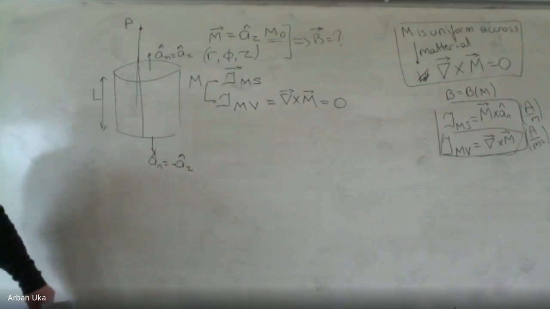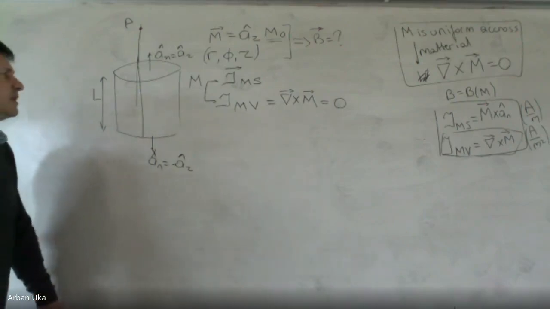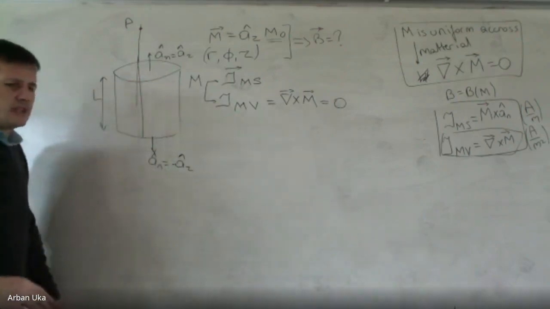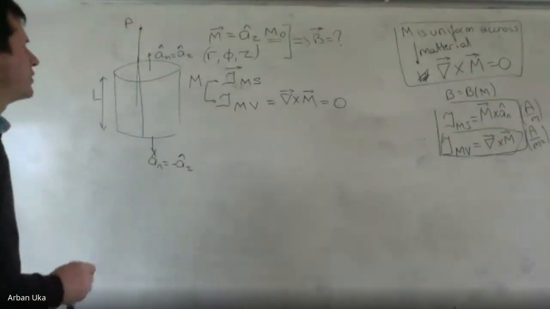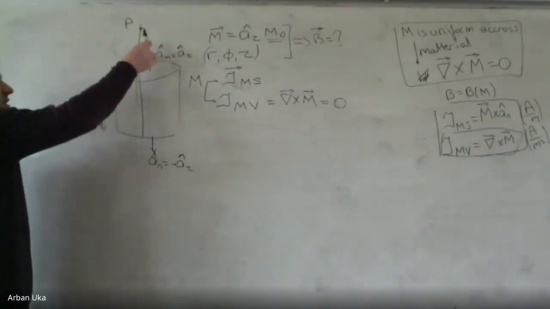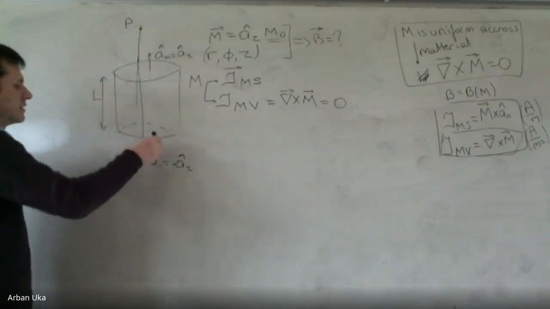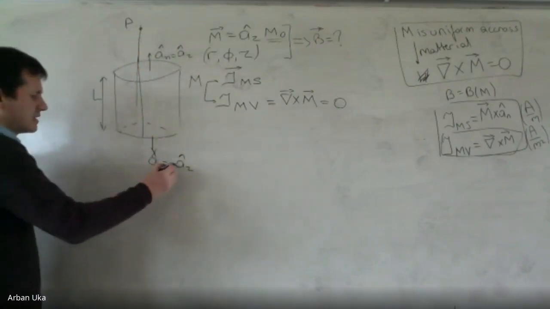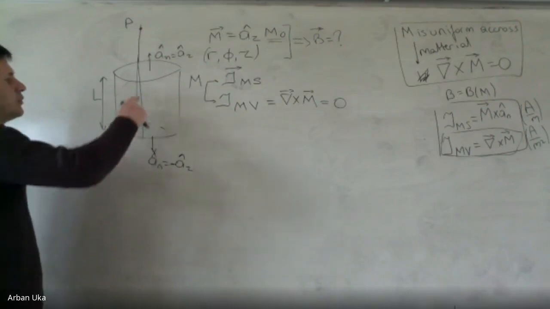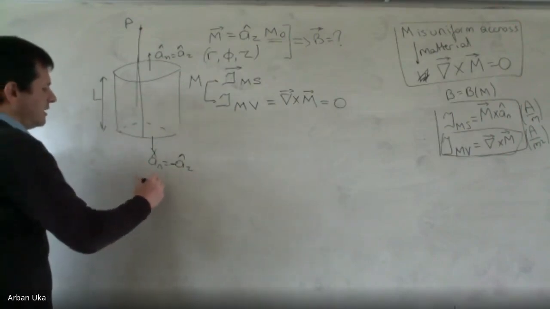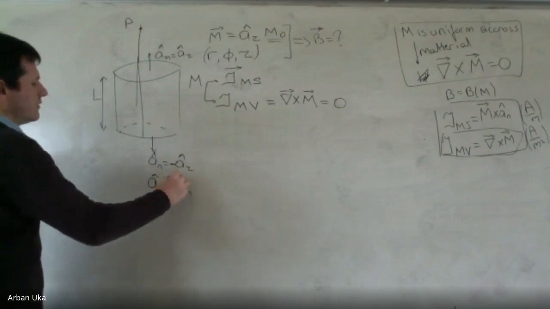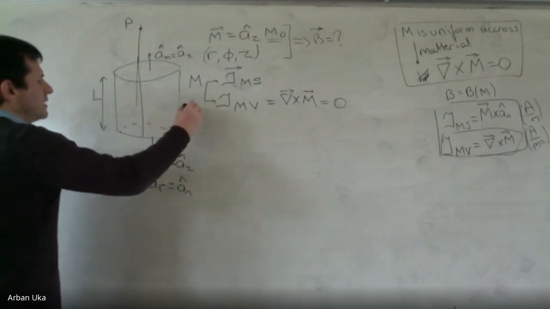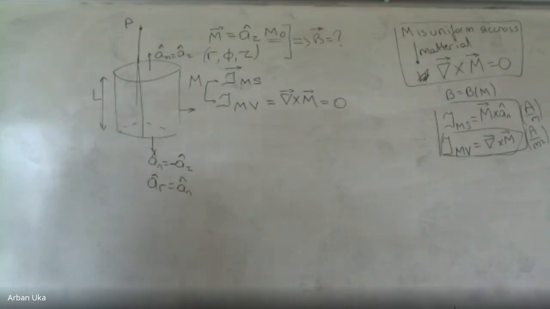This cylinder has three surface areas. The top side is defined by the normal vector a_z. We can define another normal vector pointing downward, minus a_z. And we can define another vector, a_r, which is the normal component for the side, like this.